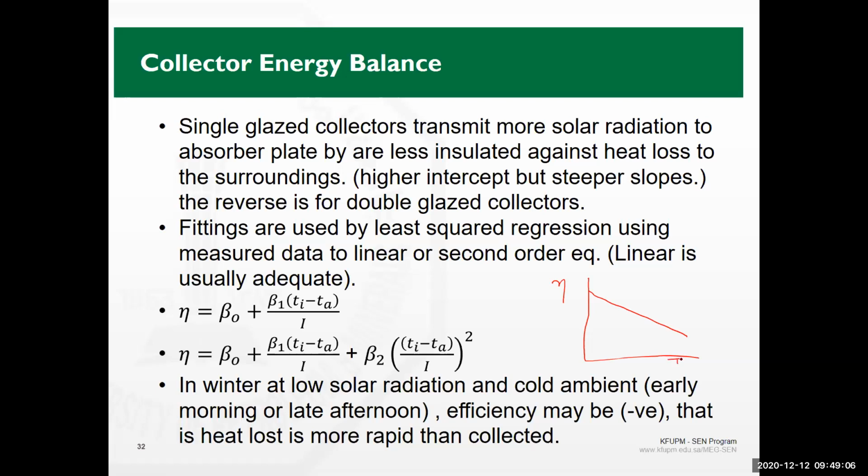Here we have Ti minus Ta divided by I. This is the intercept, Fr tau alpha, and this is the slope, Fr UL. And another collector would be like this. Selecting this one or this one depends on the applications and the temperature range, or actually delta T over I that you are in. If you are in this area, go for this one. If you are in this area, you are going to go for this one. It has higher efficiency.